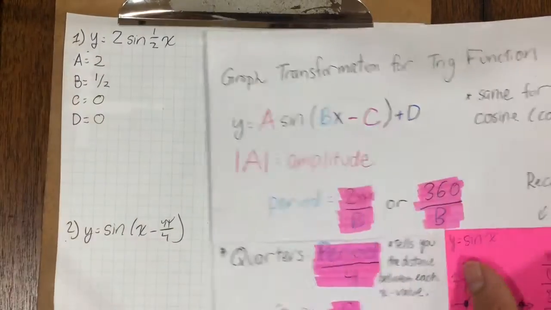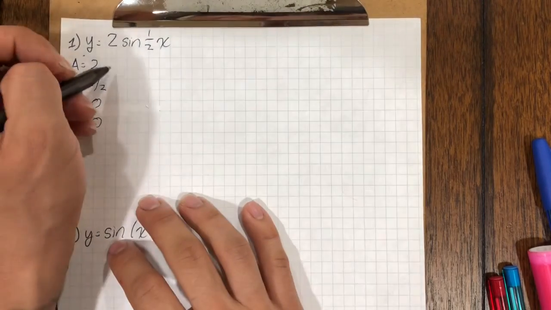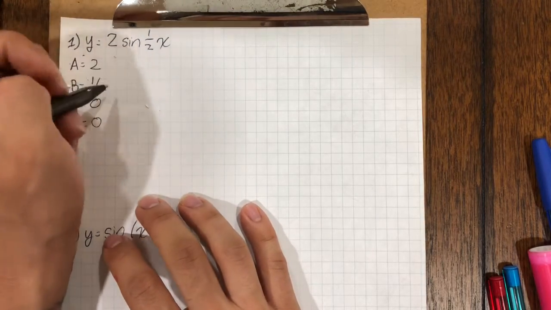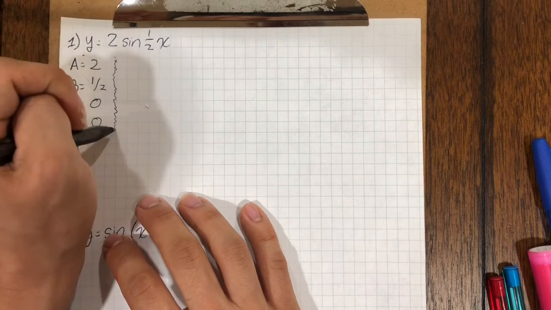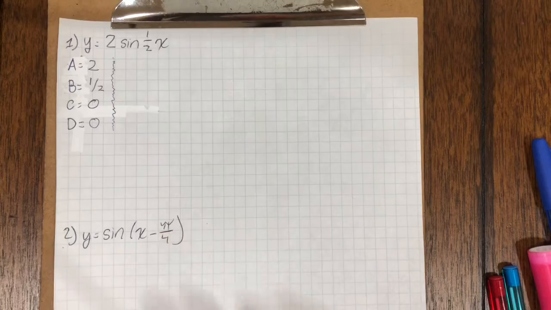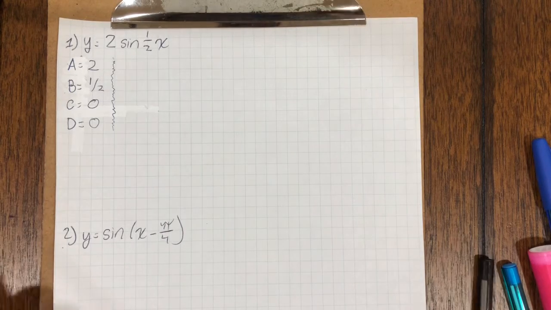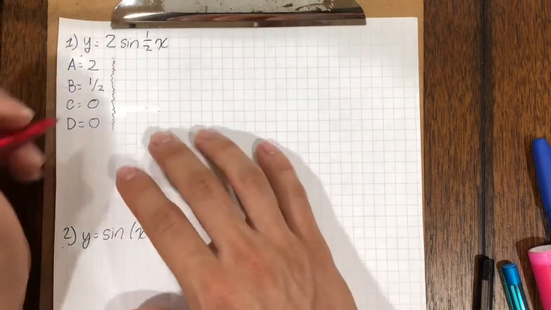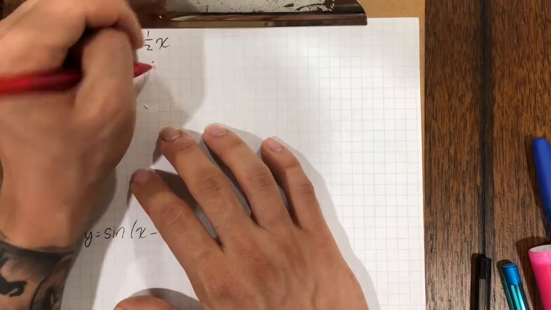Now I'm going to find my amplitude, the period, the quarters, and all the lines: the midline, the max line, and the min line. Let's go ahead and figure that out. Let me use different colors. We have the amplitude, so I'm going to write amp for short.